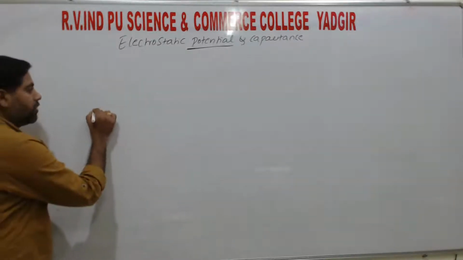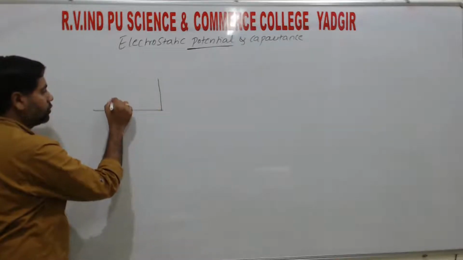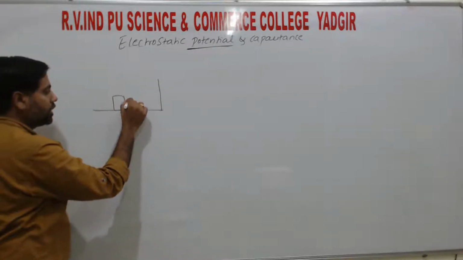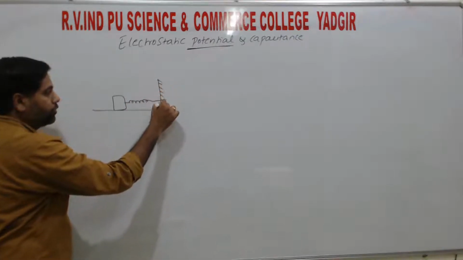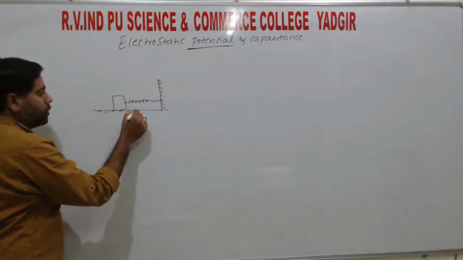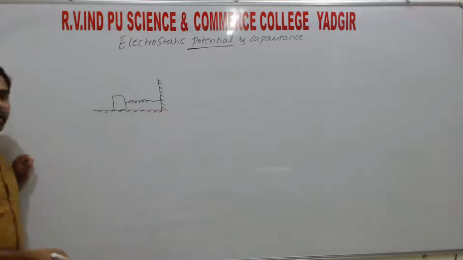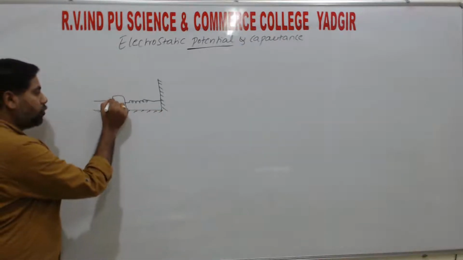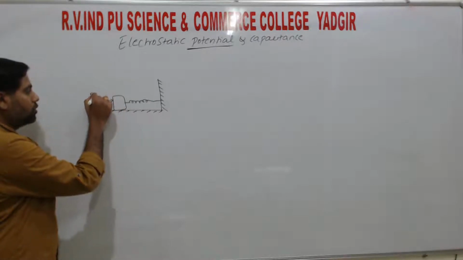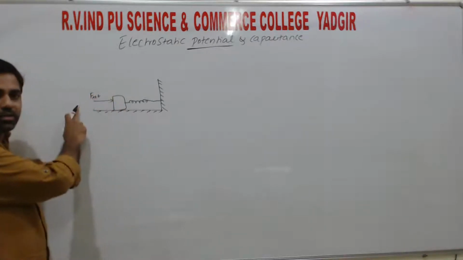By considering one example, a block is connected to the spring, right? We already discussed about the kinetic energy and potential energy. When an external force is applied to this block, this one is the external force.